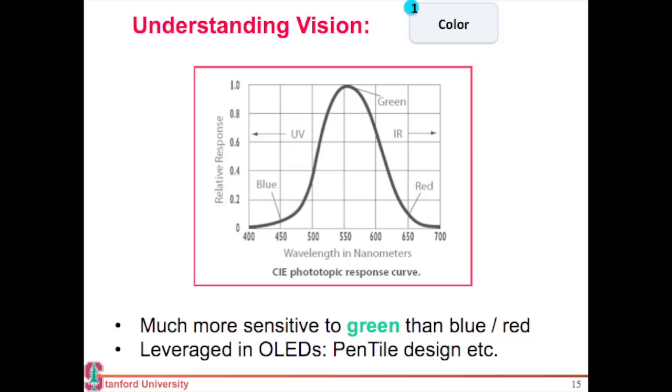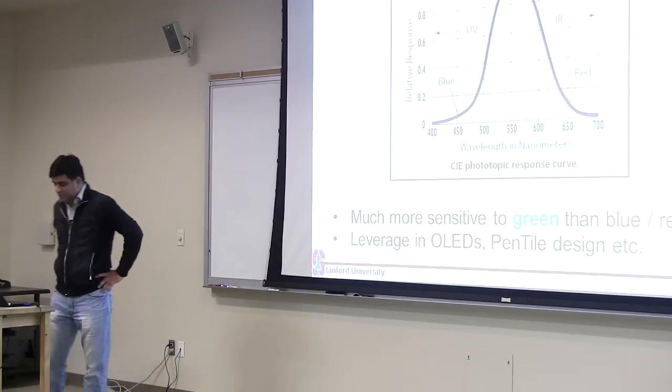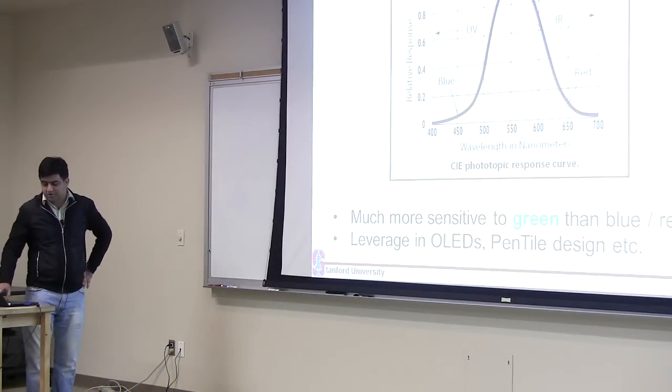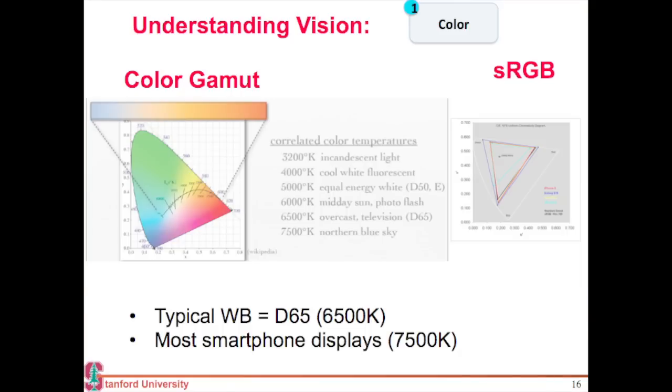This fact is used very heavily in OLEDs, and the way these OLED displays are laid out or designed uses heavily the fact that our human eye is much more sensitive to green. I'll give more details on that when we talk about OLEDs.